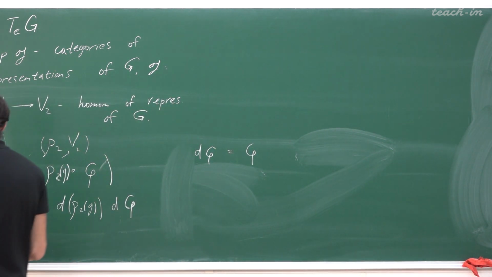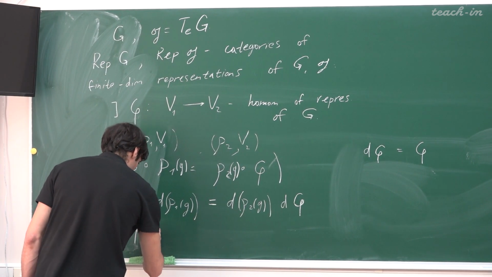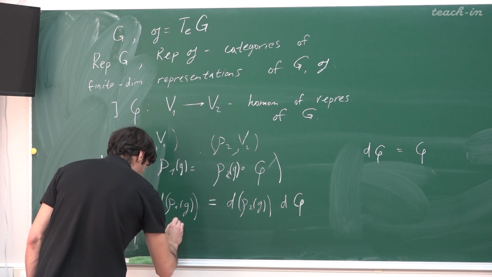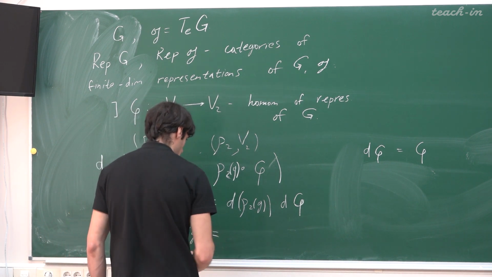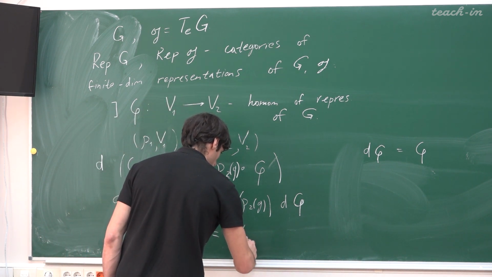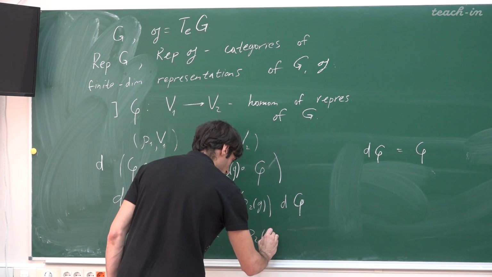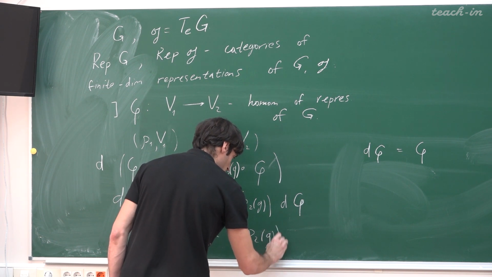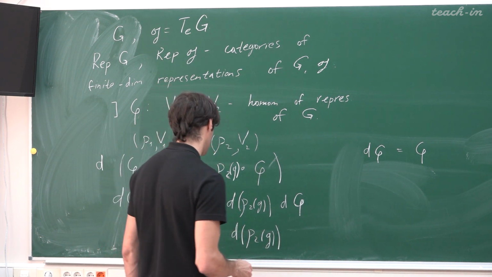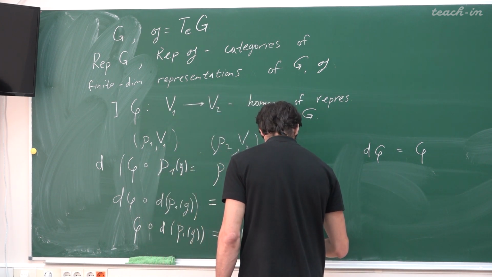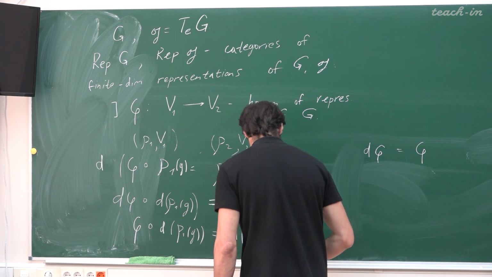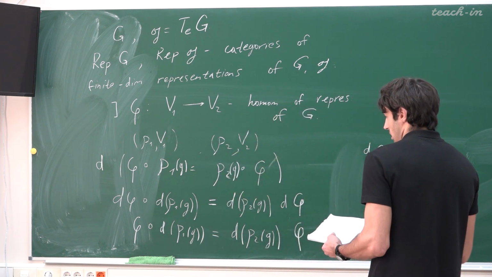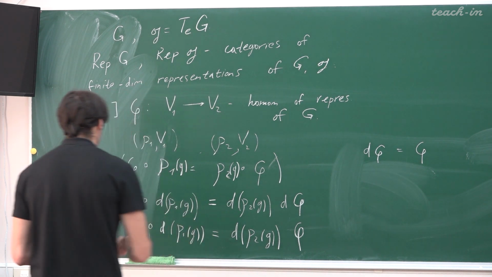So I have phi d rho 1 of x equals d rho 2 of x phi.